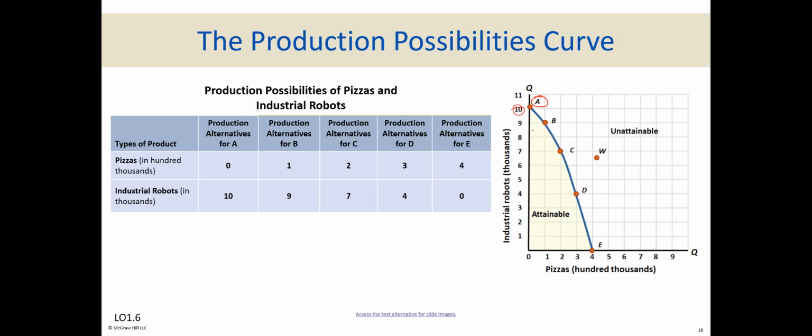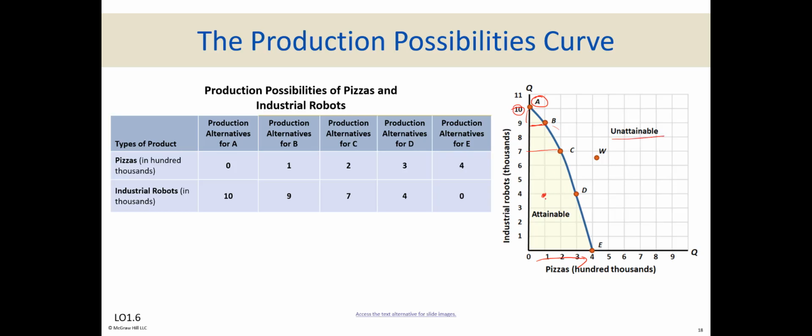But if you move from A to E, as you realize, we are moving resources to produce consumer goods, which in this case is pizzas. Again, we have the opportunity cost. Why? Because as you move from A to B, you need to give up robots to get additional pizza. The same from B to C, you need to give up robots to get an additional pizza. And any point outside of the production possibility curve is unattainable.